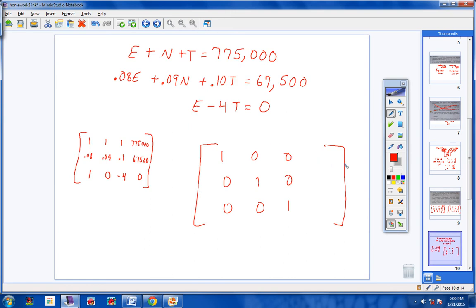You would get 300,000, 400,000, and then 75,000. Okay, now this would be at your 8%, this would be at your 9%, and this would be at your 10%. So there we go. We found the amount that was invested at each percentage. All right, let's try number 59.